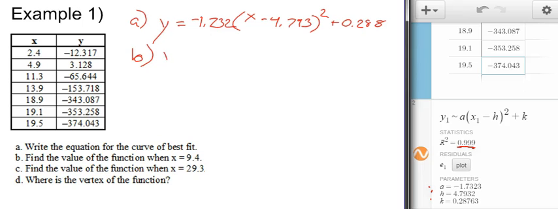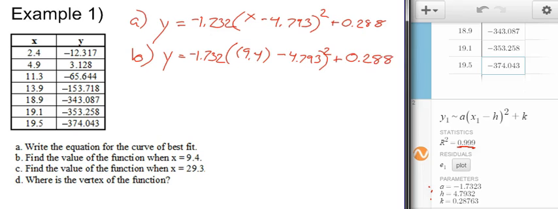So in order to do that, all I have to do is take my equation, negative 1.732 times, and then instead of x, I just have to substitute in the value that I'm looking for, 9.4 minus 4.793 squared plus 0.288.